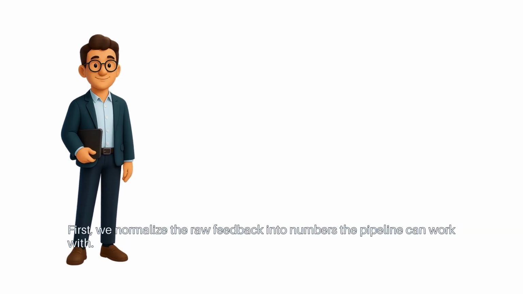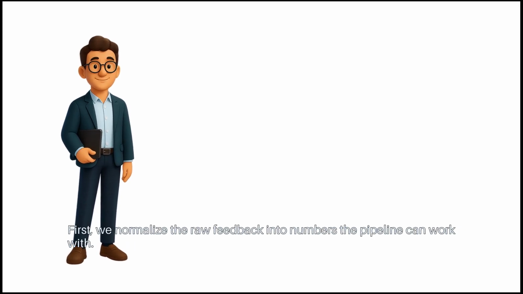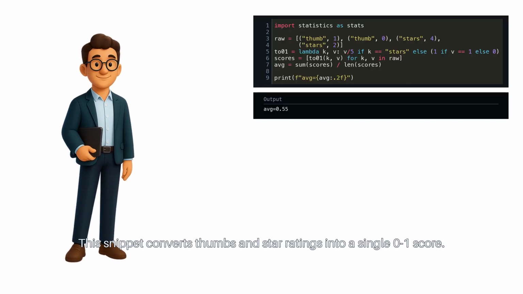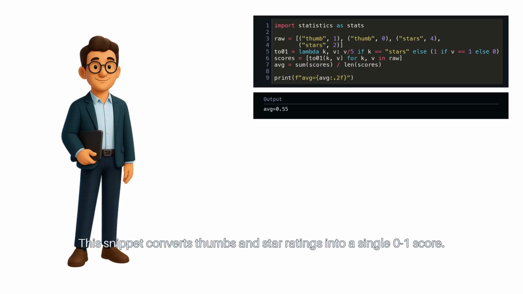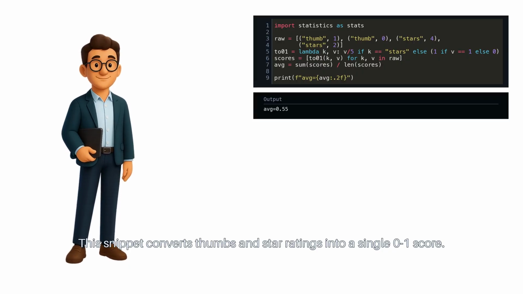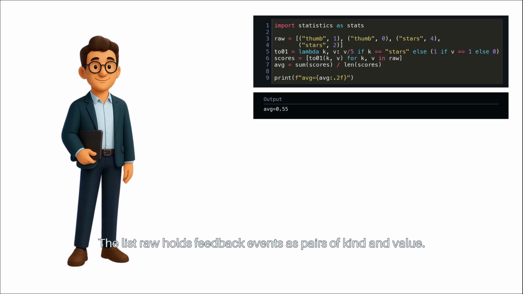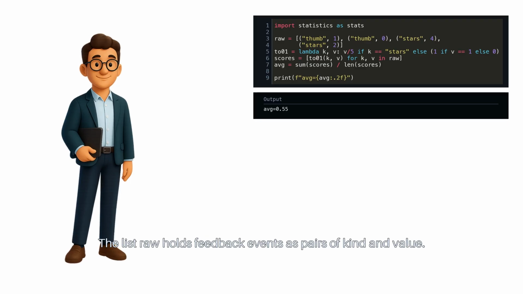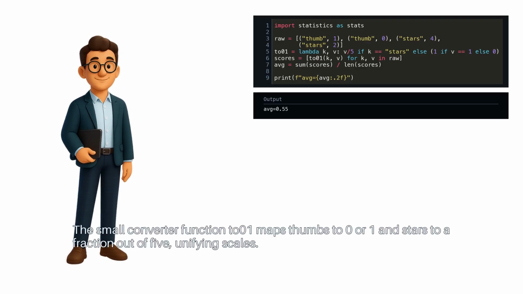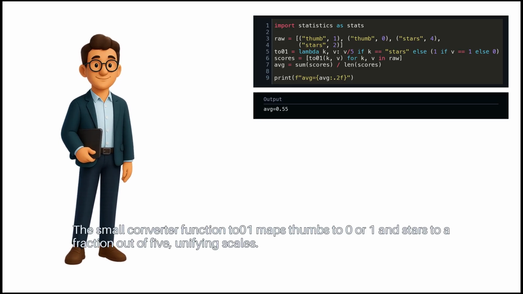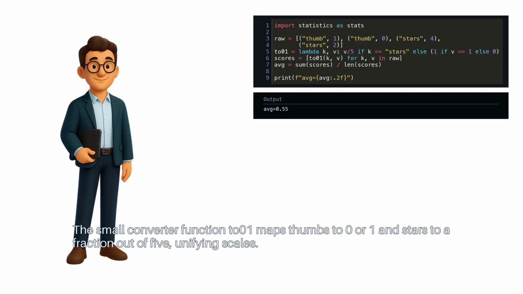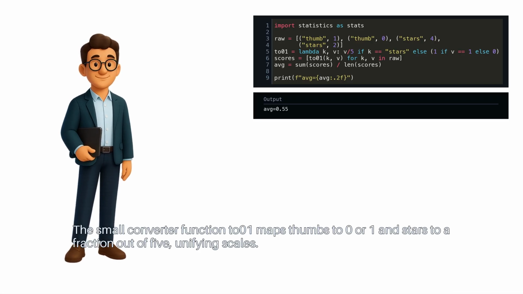First, we normalize the raw feedback into numbers the pipeline can work with. This snippet converts thumbs and star ratings into a single 0 to 1 score. The list raw holds feedback events as pairs of kind and value. The small converter function maps thumbs to 0 or 1 and stars to a fraction out of 5, unifying scales.